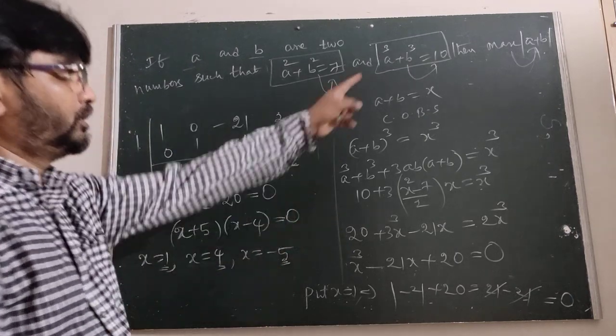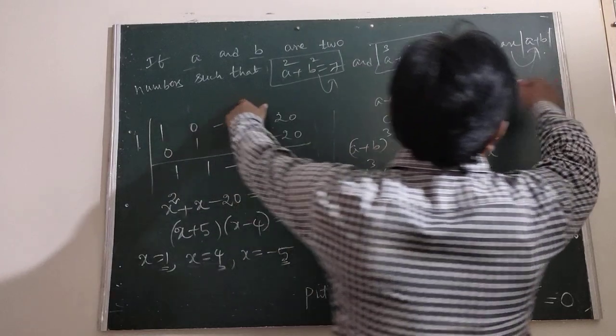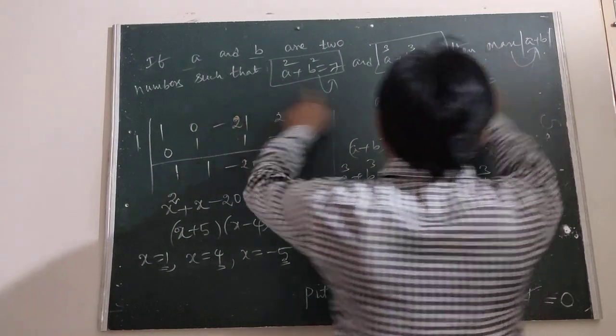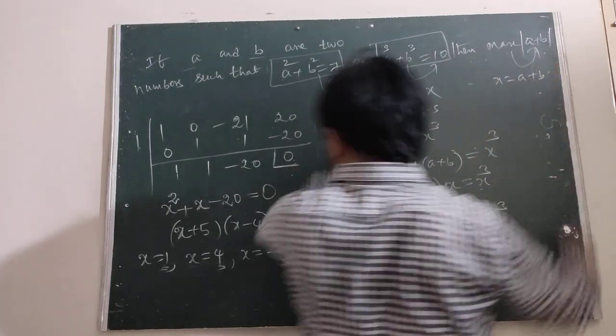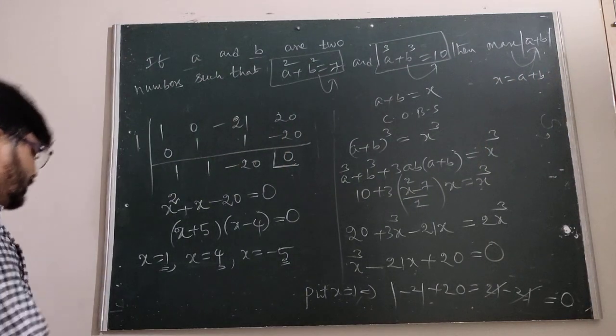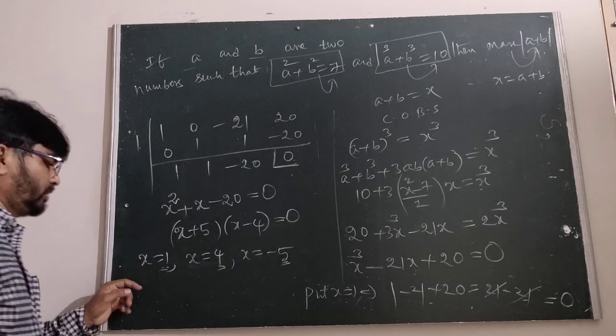So, what is the question? The maximum value of modulus of A plus B. At the very start we took X equal to A plus B. Therefore X is A plus B, and we are getting A plus B as 1, 4, and minus 5.